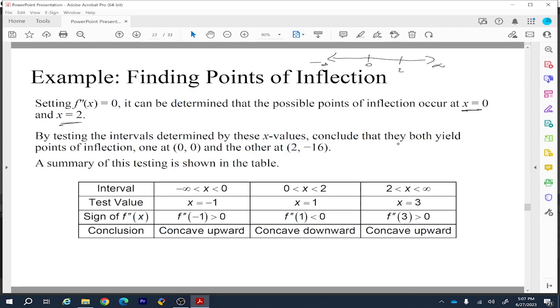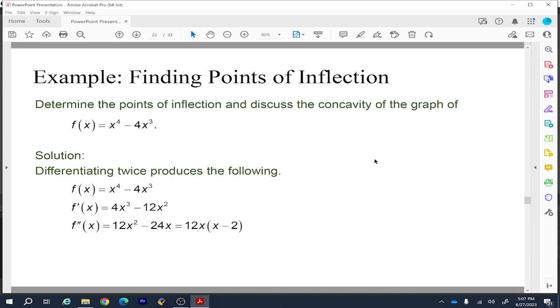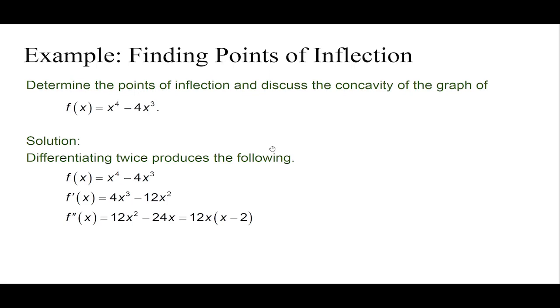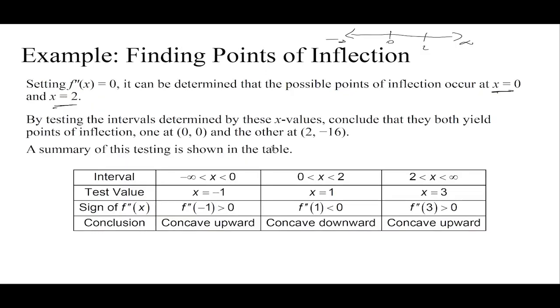By plugging these testing values back into the second derivative, which is here, that's going to help us find the sign of the second derivative at those points. Here the second derivative is positive. On this interval, the second derivative is negative, and on this interval, the second derivative is positive one more time.